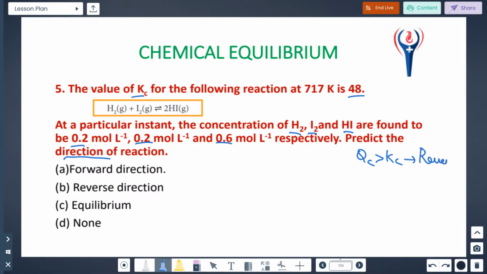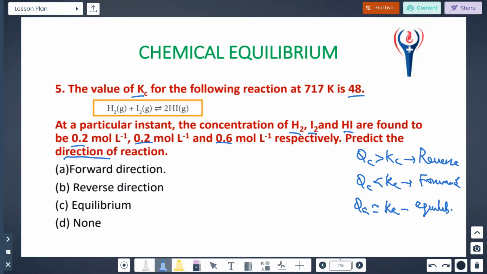You have to memorize this. If Qc is less than Kc, the forward reaction takes place. If Qc is equal to Kc, the reaction is at equilibrium. Just remember this. If you know these conditions, you can solve the sum.